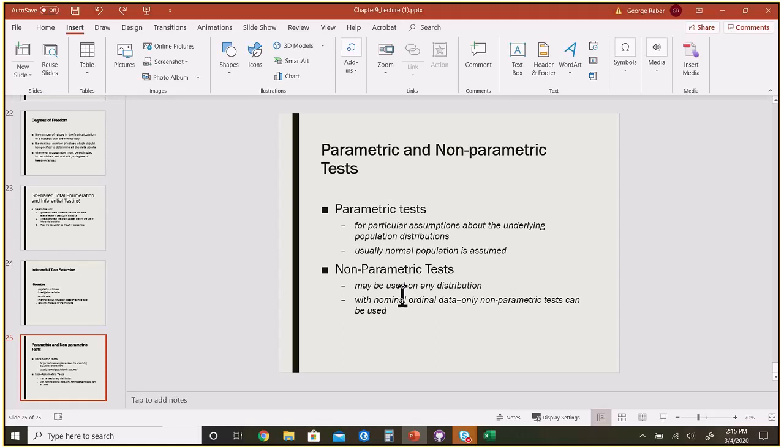We would call that interval ratio scale data. So parametric tests always require interval ratio scale data. They often require that the underlying populations have distributions like being normal. That's usually an assumption. Okay.